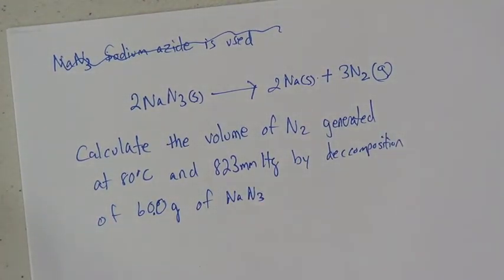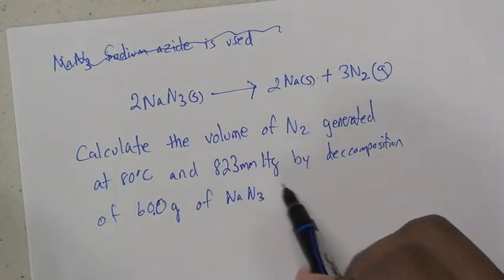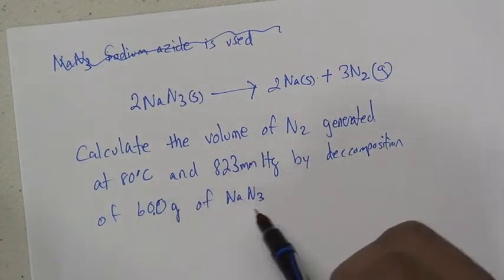So it says calculate the volume of nitrogen gas generated at 80 degrees Celsius, at the same temperature and pressure, by decomposition of 60 grams.